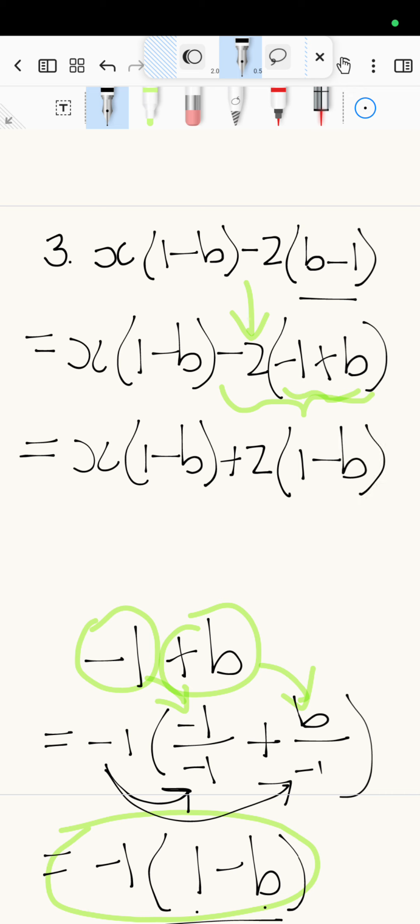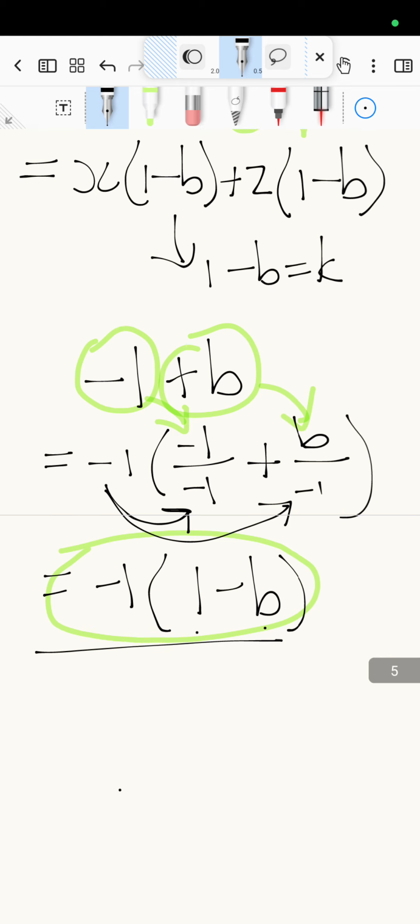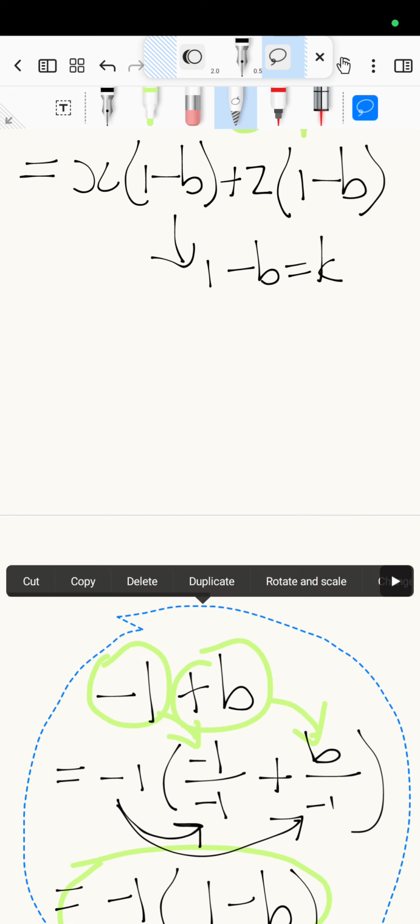So now what can I see? I can see my brackets are the same. I can go ahead and use the K method. Let's just use the K method to be comfortable, right? So we're going to say this bracket, which is 1 minus b, is equal to K. I need the space, so let's move this down instead of deleting it.